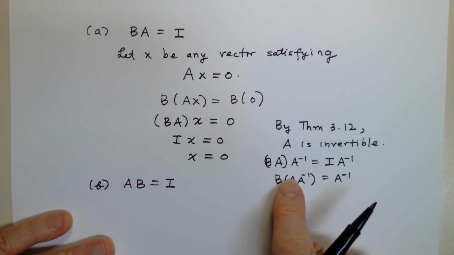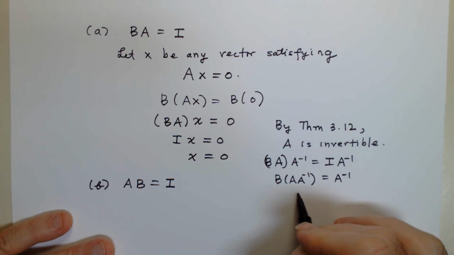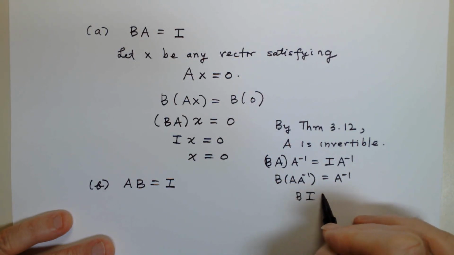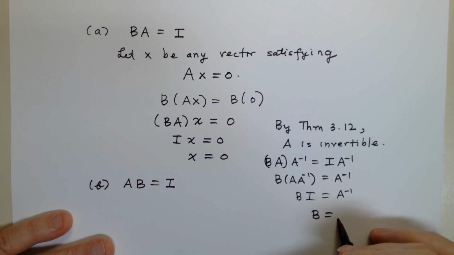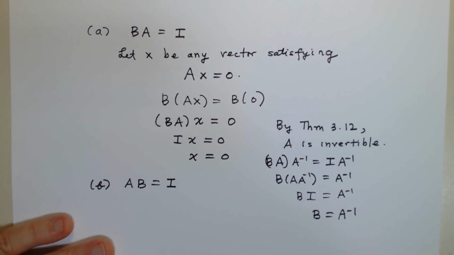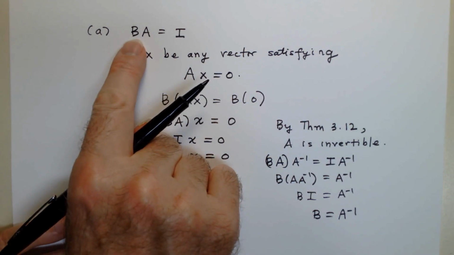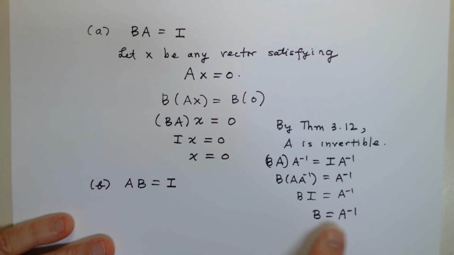A times A inverse is the identity matrix, and B times the identity matrix is just B. And that's the conclusion we wanted to draw, that if this matrix B exists, it must be the inverse of A.